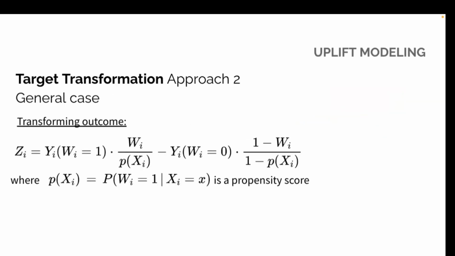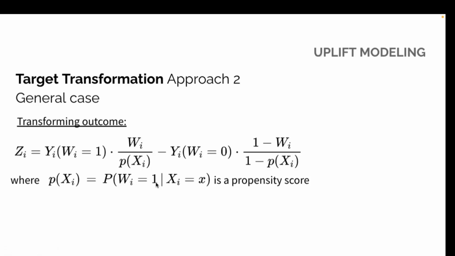So let's do a more general case. We do transformation, this one, which looks more complicated, and small p over there is called the propensity score, which is probability of being treated. That's it. That's nothing special.